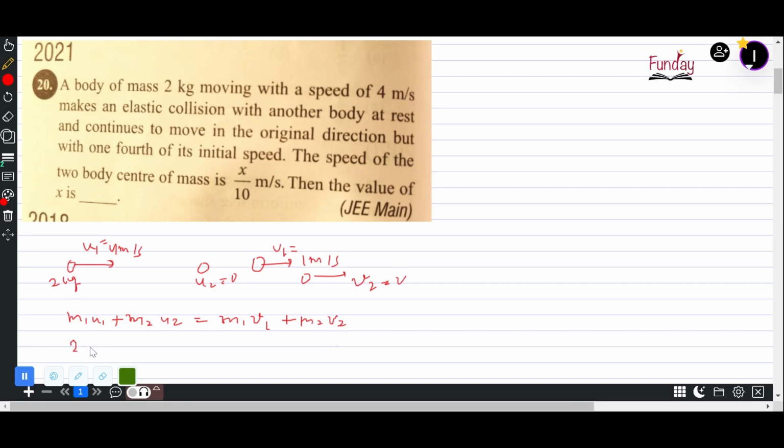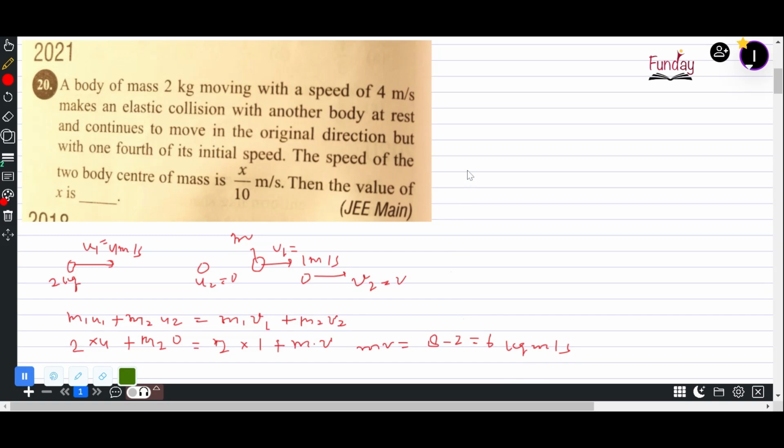We get 2 into 4 plus m2 into 0, we don't know the mass also, is equal to, presuming this body's mass is m, m1 is again 2 into v1, which is 1 meter per second, plus m into v. So from here we get mv is equal to 8 minus 2, 6 kg meter per second.